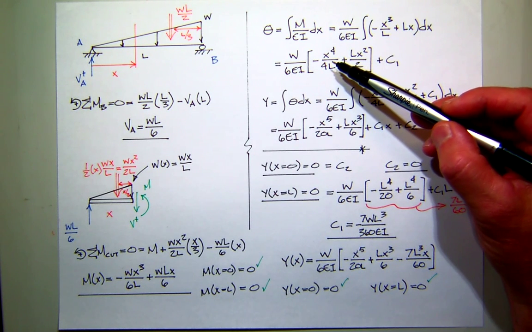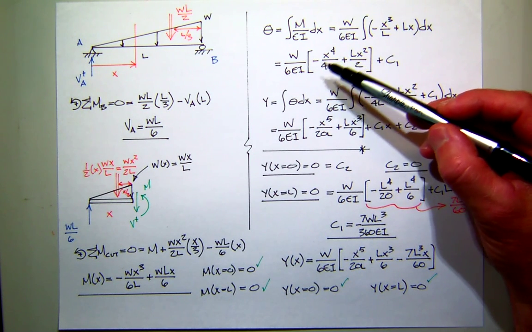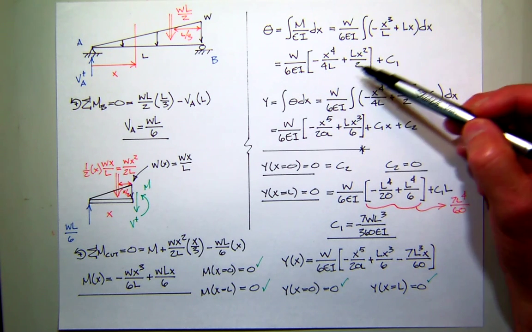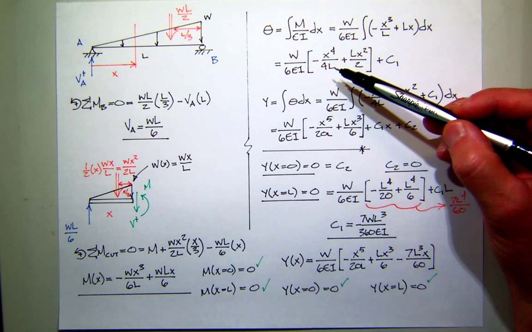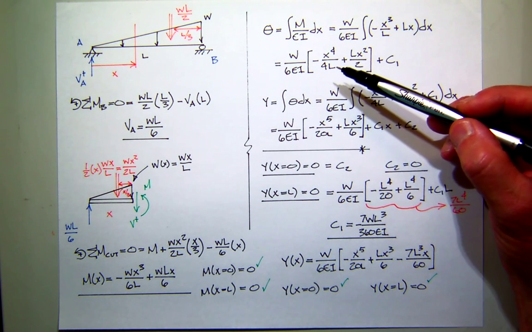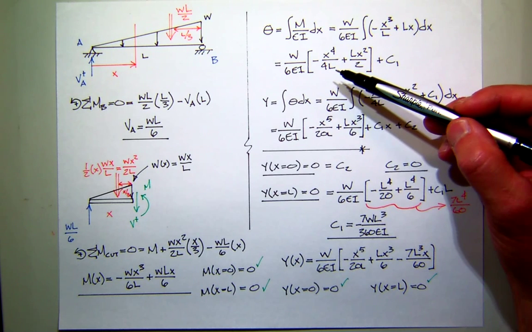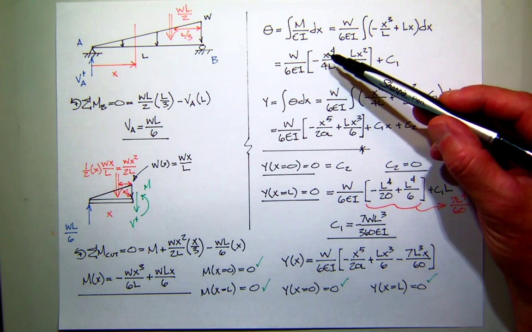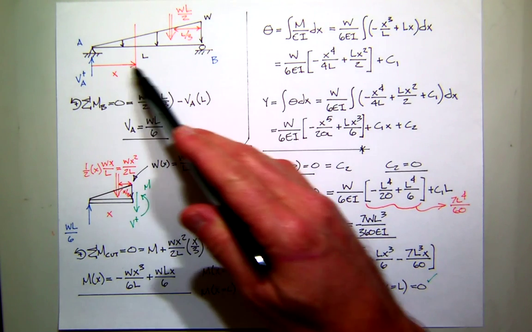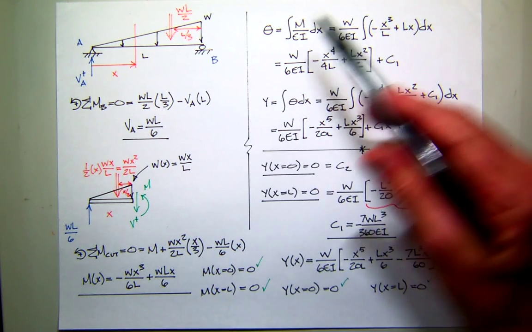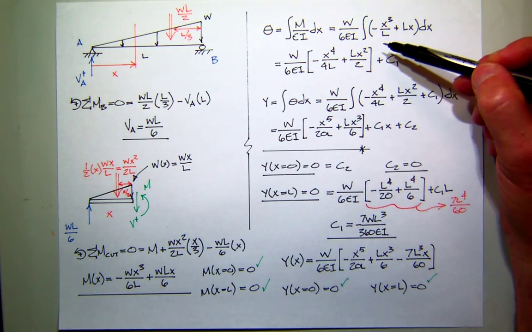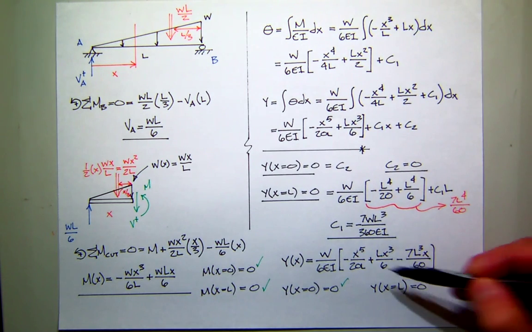Well, if you make a change of variable, say z equal x squared, you can transform this into a quadratic. You'll probably only have one quadratic solution that's in the range x equals 0 to L. Once you find that value of x, you can simply plug it in here and find the maximum displacement.